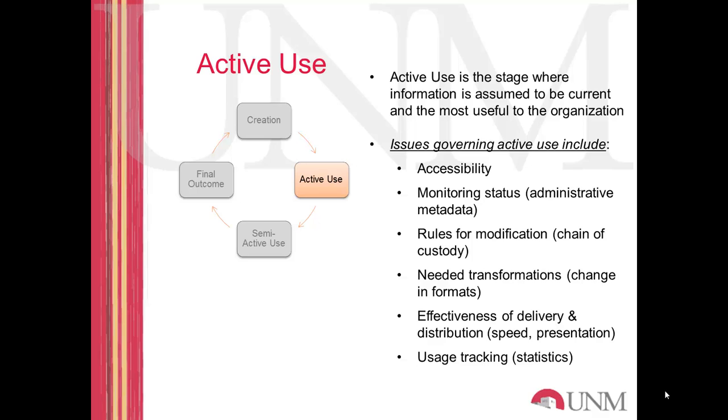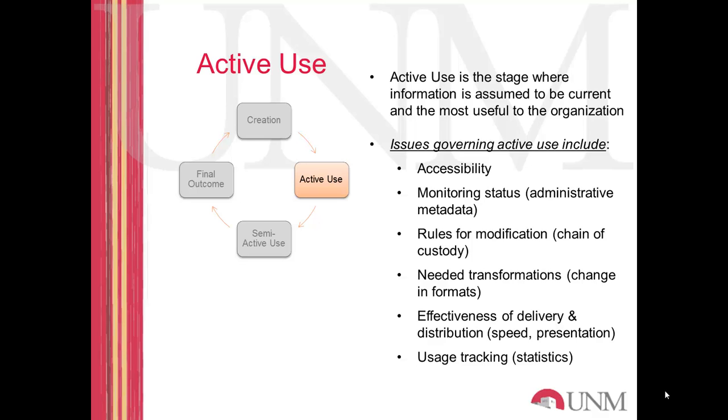And when we move to the active use stage of the information lifespan, we need to consider whether the actively used information is properly accessible. And I use the term accessibility here not in terms of handicapped users, although it does include that, but in terms of, is the information accessible to everybody who needs to use it in the format that they need to use it in?